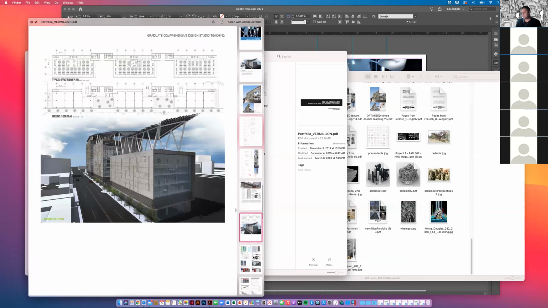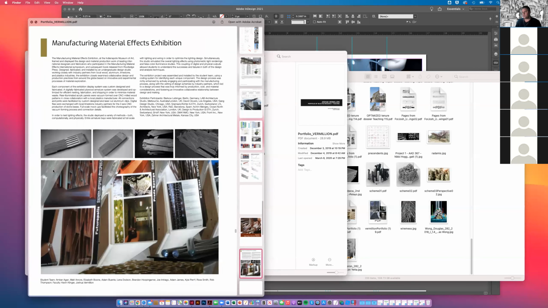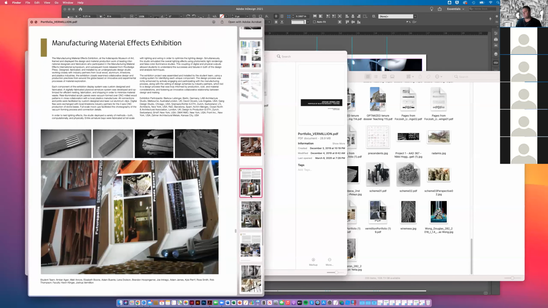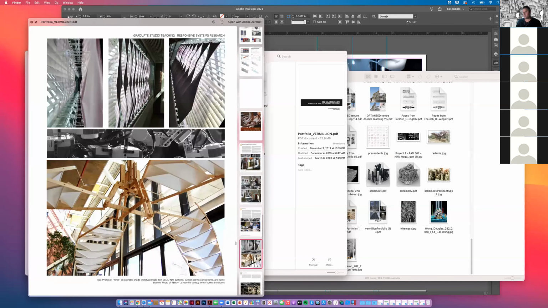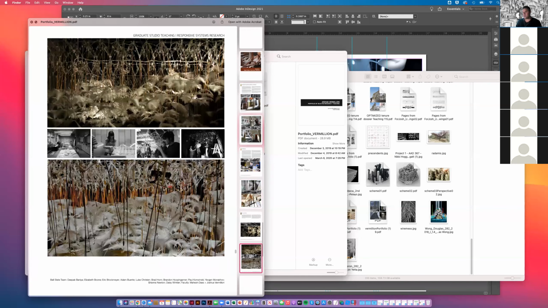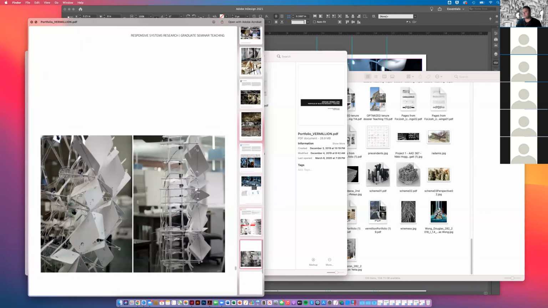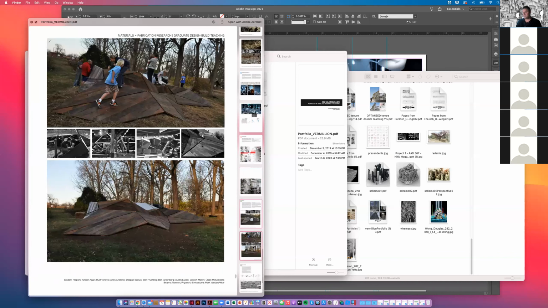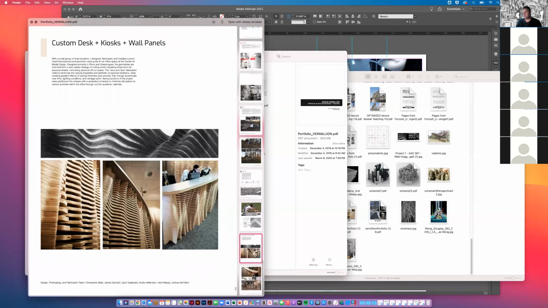And then, again, research, looking at the grid, how it sort of breaks up text and images, right? So left hand, right hand side, a spread, left hand, right hand, and so on.